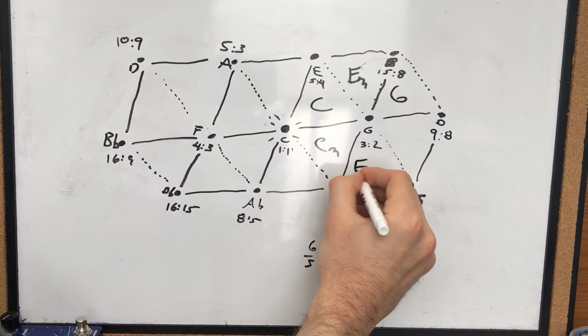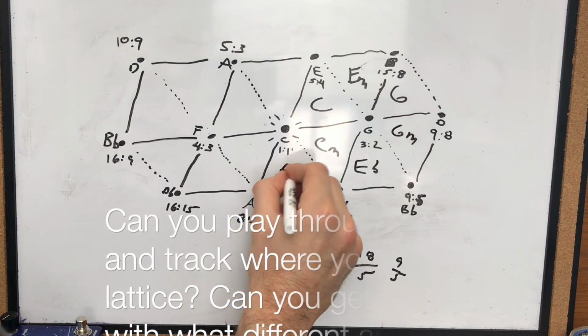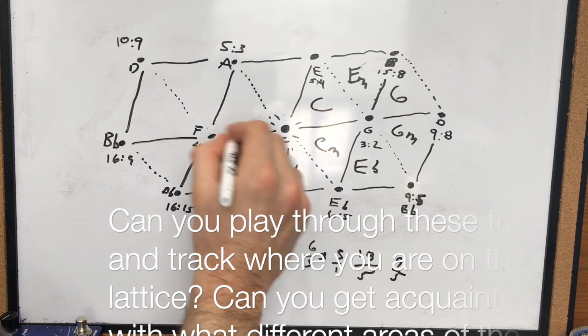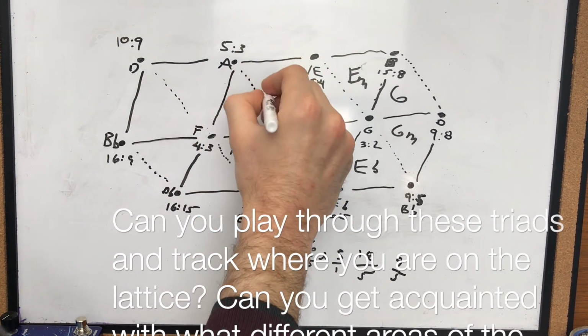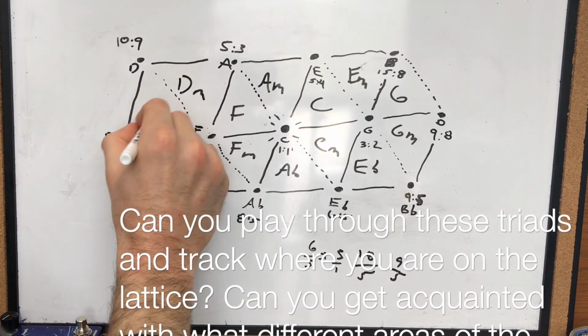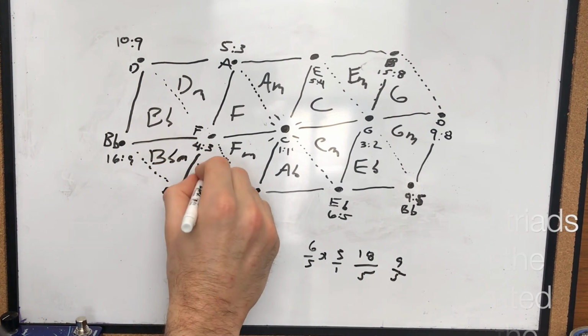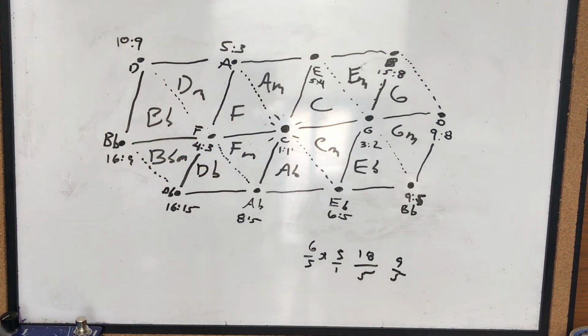We got E flat. We got G minor. We got A flat. We got F minor. We got F major. We got A minor. We got D minor. We got B flat. We got B flat minor. We got D flat.